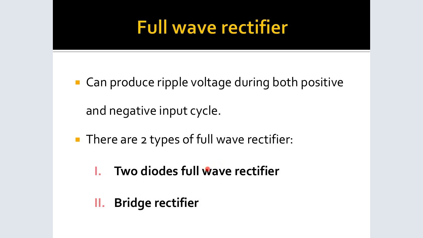It can either be two diodes or four. Four is what we call a bridge rectifier. The only difference is that the amount of output DC voltage on the bridge is twice the amount of output DC voltage with two diodes.